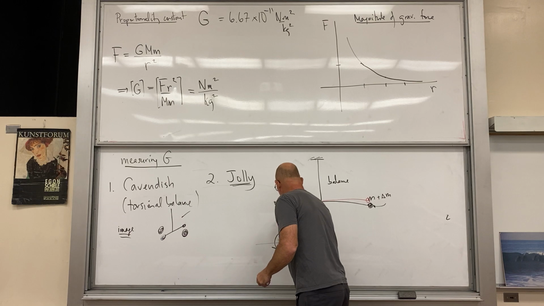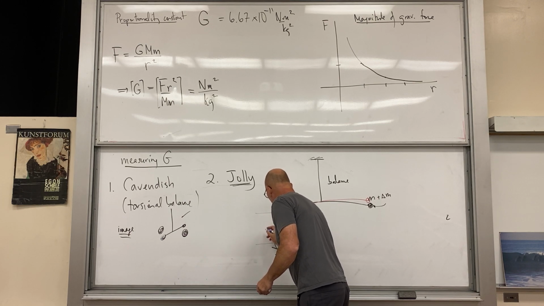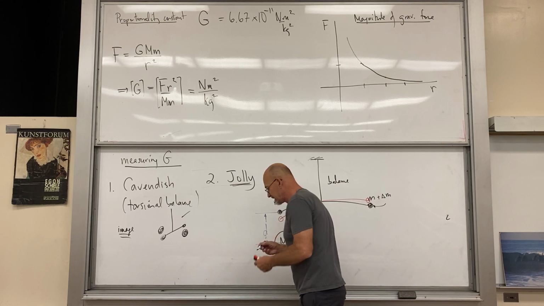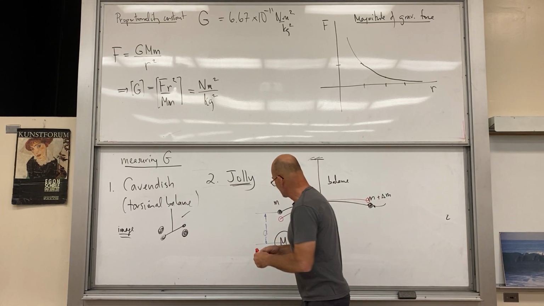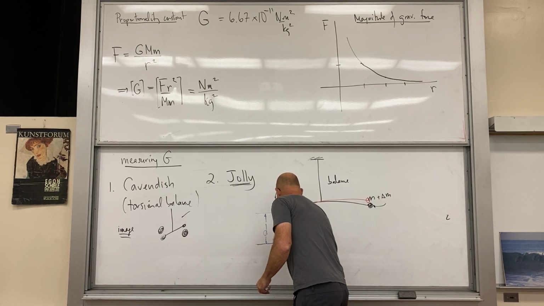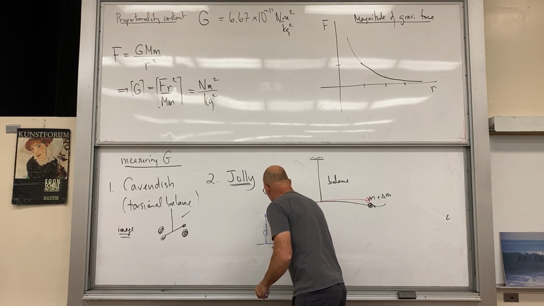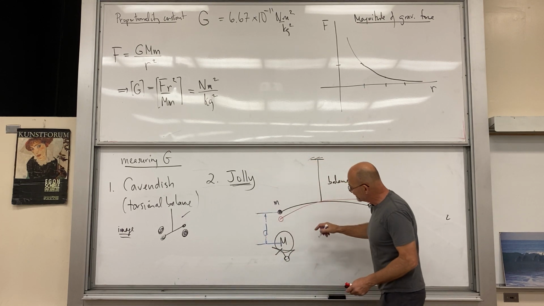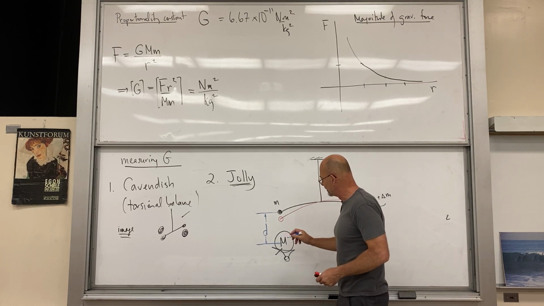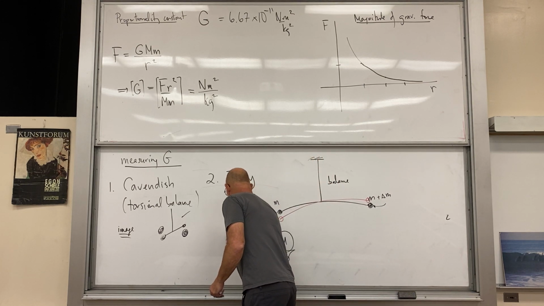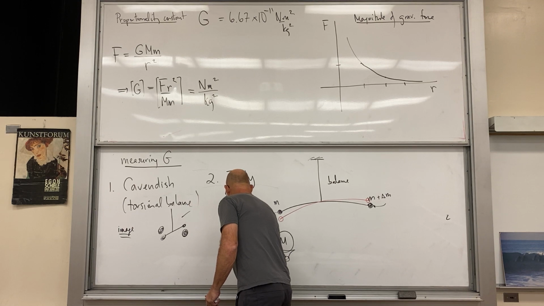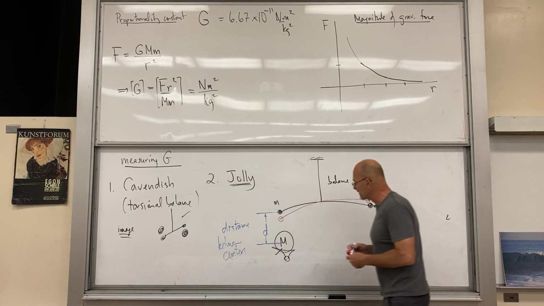Now, the separation distance we're going to call D, between, let's see if we get a better pen here. Yeah, separation distance D, that's between the centers. So, distance between the centers of these masses.